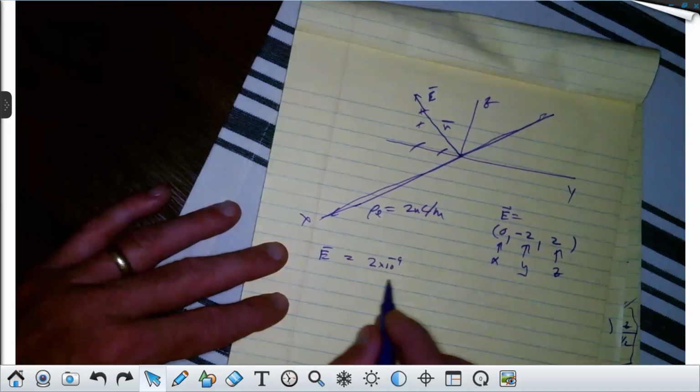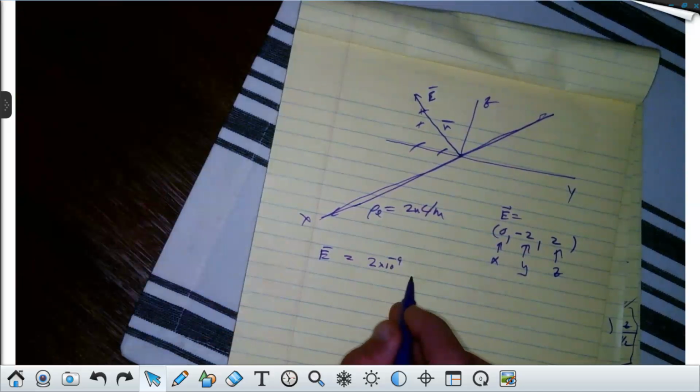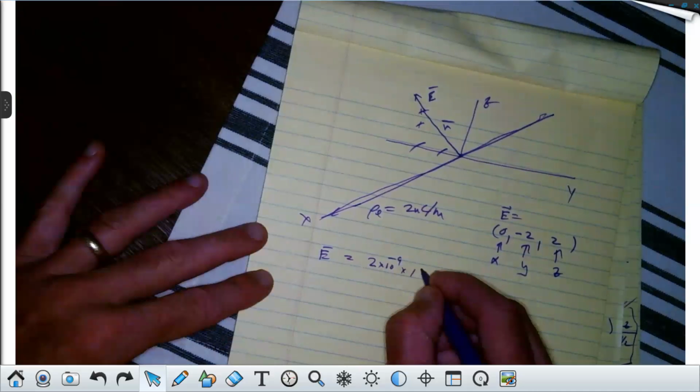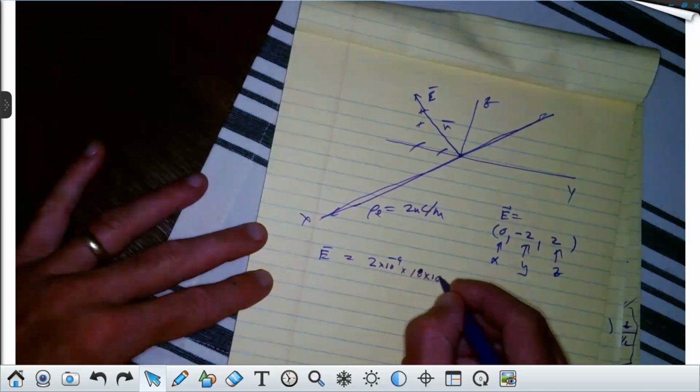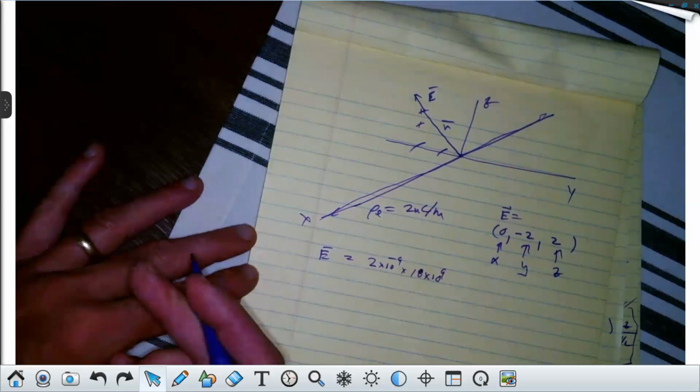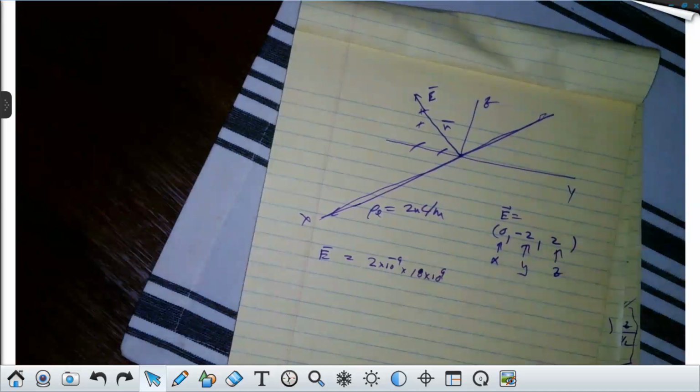Then it's over 2 pi epsilon naught, correct, class? 1 over 2 pi epsilon naught is just 18 times 10 to the 9th. So I'll make it 18 times 10 to the 9. You don't have to do it that way. If you're in love with writing 1 over 2 pi times 8.854 times 10 to the minus 12, go ahead, but this saves time. You with me?